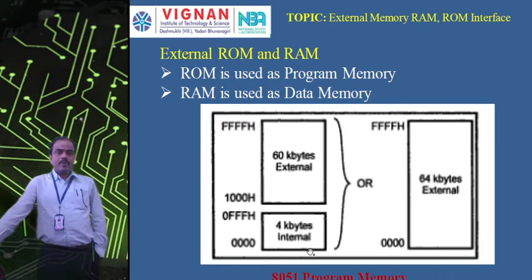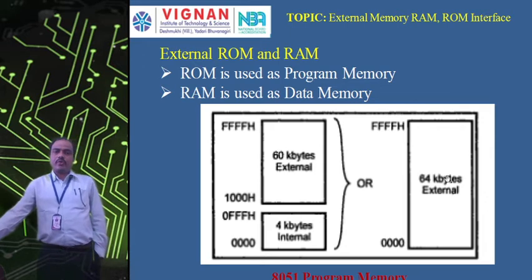Okay, 4 kilobytes of ROM whose address may be 0000H to 0FFFH. So we can use this program memory in two ways. We can go for this 4 kilobytes as internal and 60 kilobytes external, or in the other way we can go for completely 64 kilobytes of external memory.